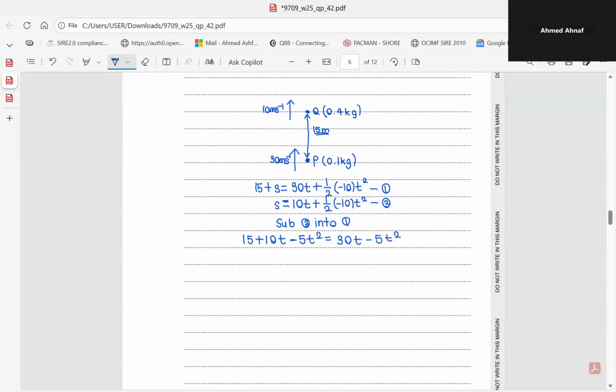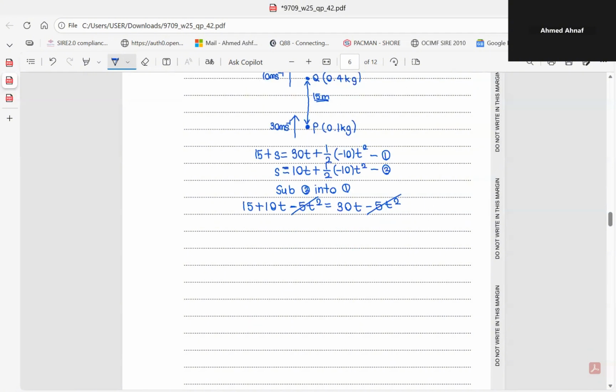You can see we have minus 5t squared on both sides, so we can cancel those out. And now we can minus 10t from both sides to give us 20t equals 15. And then we will get t equals 15 over 20, which is just 3 over 4 seconds.